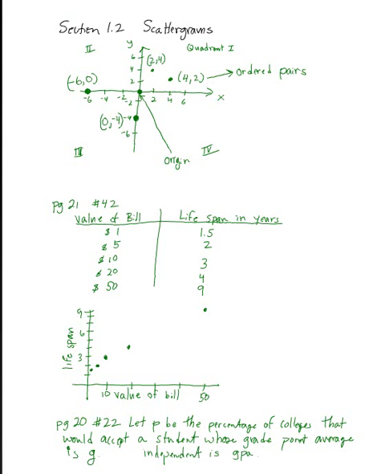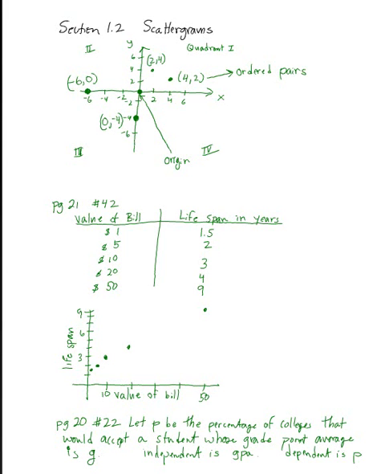And once I know my GPA, I can look up a chart or some sort of thing, I guess, to find out the percentage of colleges that would accept me. So dependent is P. Okay, that would be my answer.